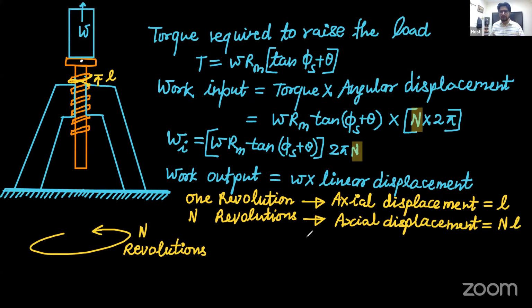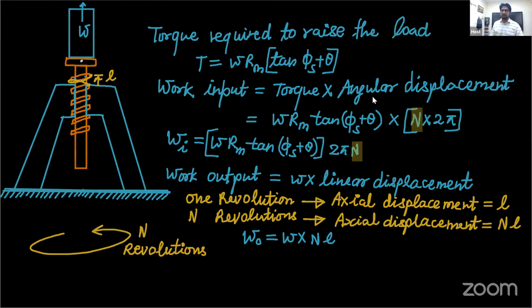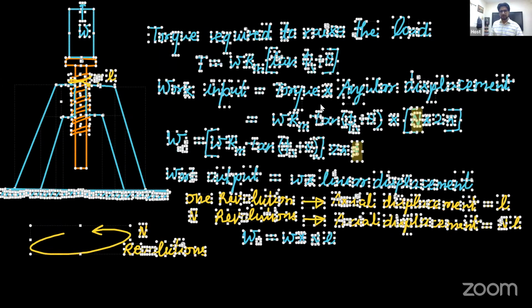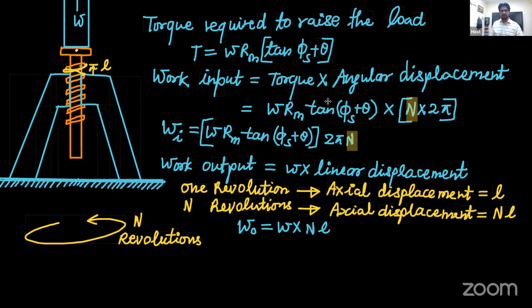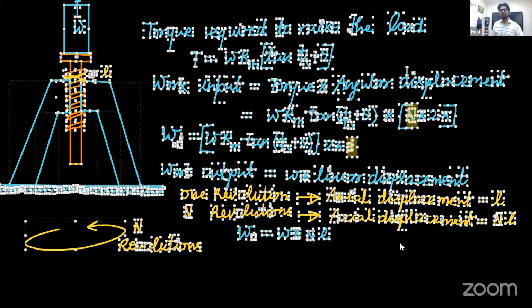Now you know the work output. Work output is W multiplied by n multiplied by small l. Now, can you calculate efficiency? Yes. So what's going to be the efficiency now? Simply work output upon work input.